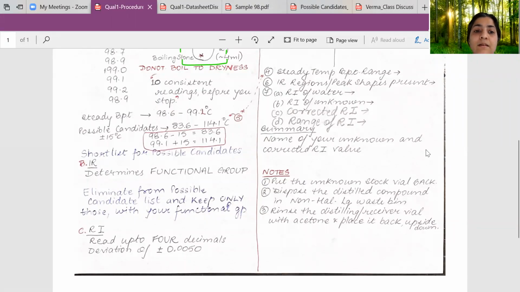The second thing that you must look at is your IR, or the infrared spectra. Always remember that IR can only determine the functional group of the compound. It will help you eliminate even further, and IR never lies.